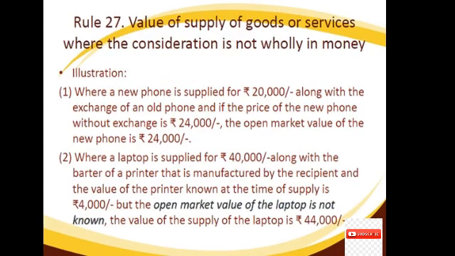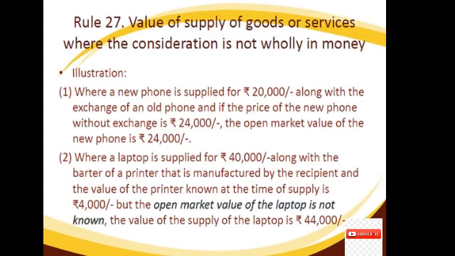Suppose a new phone is being supplied for rupees 20,000 along with an old phone, and the price of the new phone without exchange is 24,000. Then the open market value will be deemed to be rupees 24,000.